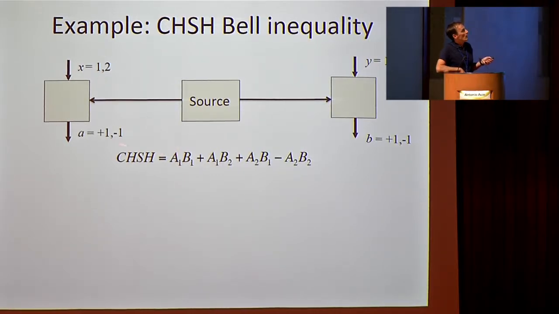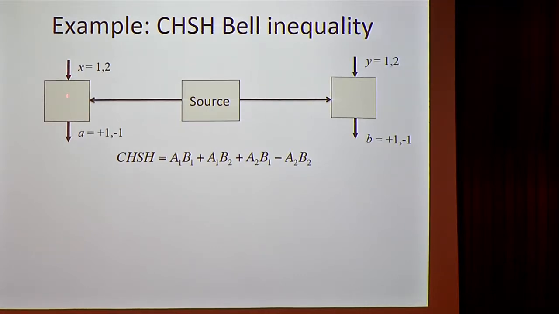I will call A1 the result of a particle at Alice's location when I use input 1, and A2 the result when I use input 2. The same for B1 and B2. So this is just an experiment where I can use either 1 or 2 here, and I get plus or minus 1, and the same there. And if I see correlations, they should come from the fact that these two particles were prepared in the source.